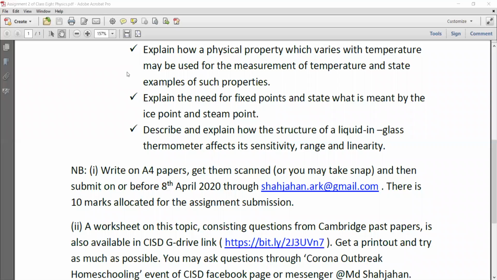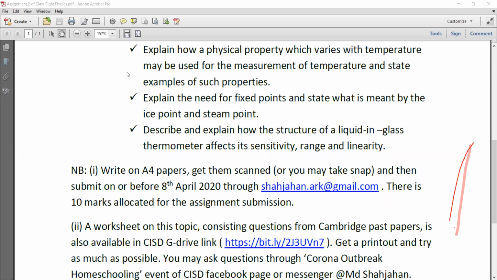So which one has the smallest range? Q, because this one has only a 10 degrees Celsius difference. So this one is the most sensitive, we are saying, because it has the smallest range. We will try to understand by comparing with these two.